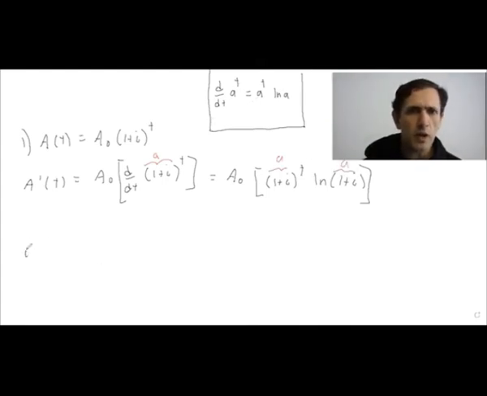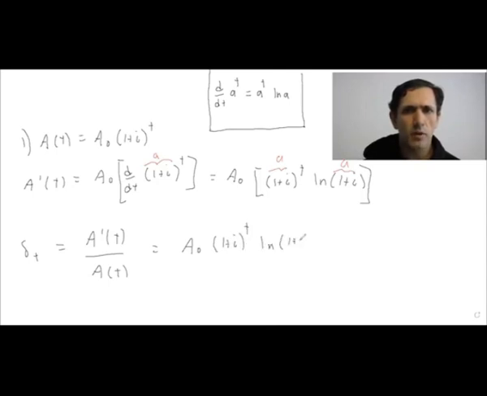All right, so now just plug and chug. It's A prime over A by definition. So it's A0 times 1 plus i raised to the power t times ln of 1 plus i over, well, A of t is A0 times 1 plus i raised to the t. So this whole thing right here cancels out.